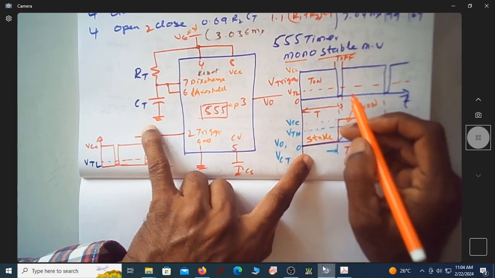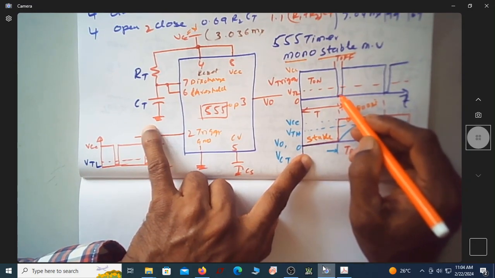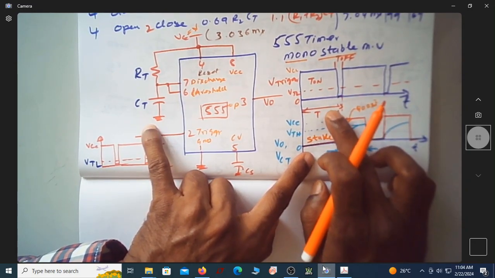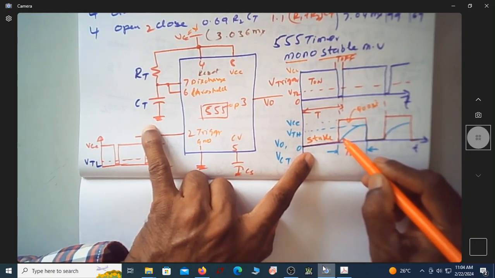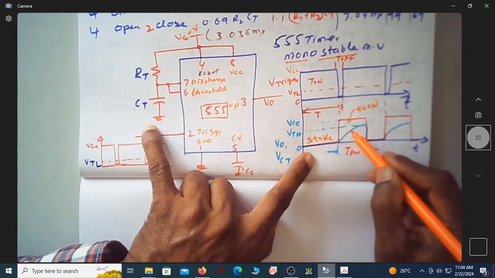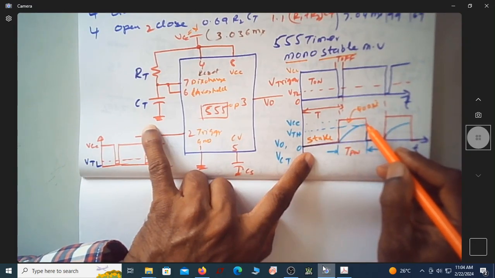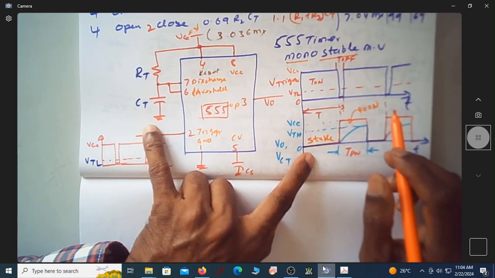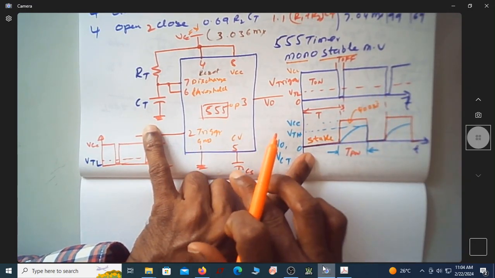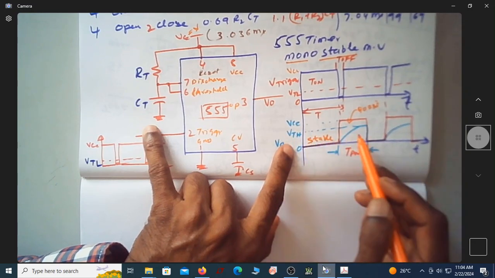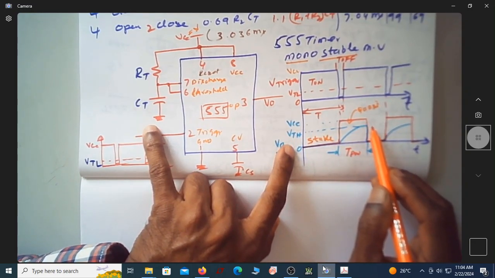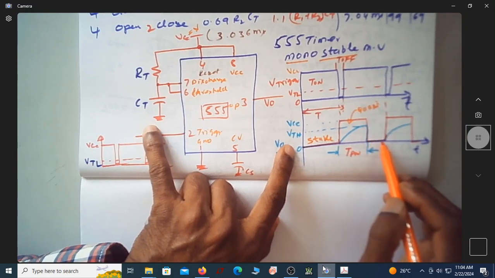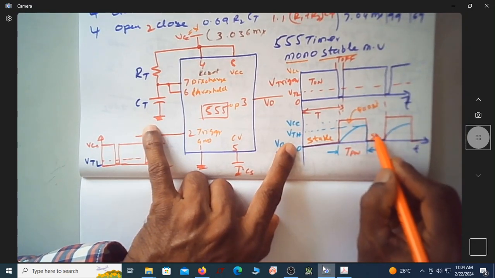As soon as the trigger signal goes below VTL, the output goes high. Now the capacitor starts charging. When the capacitor voltage reaches VTH, which is the threshold voltage, the quasi-stable state ends and the output goes to the 0 state. That is, it again goes to the stable state.